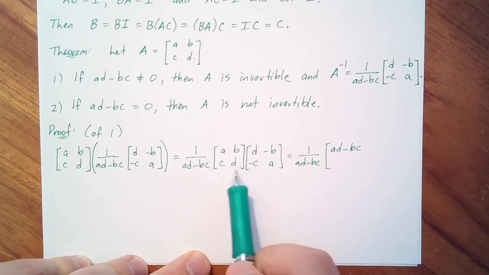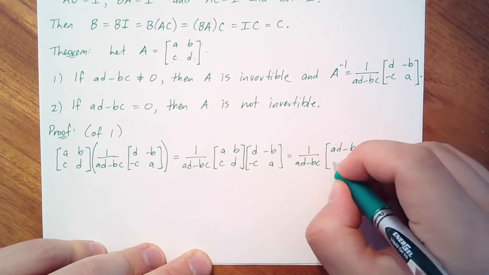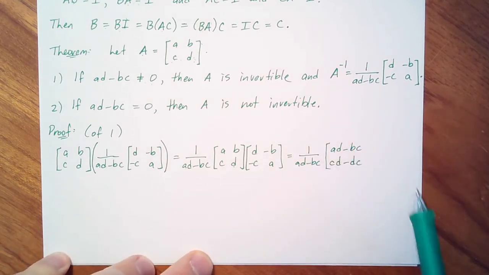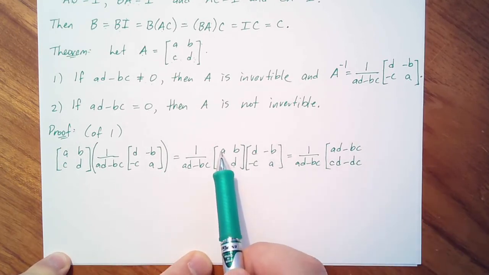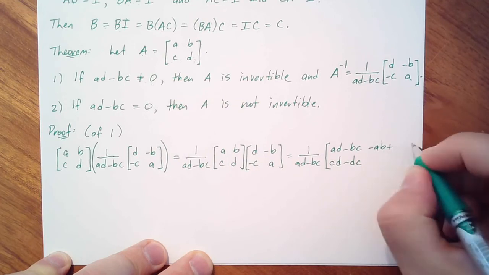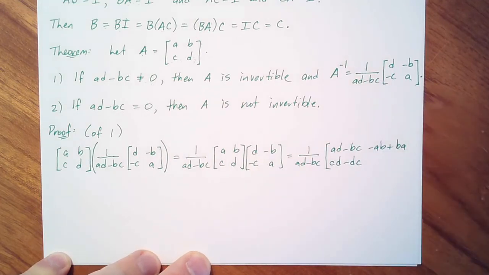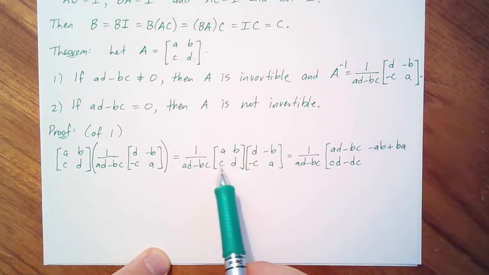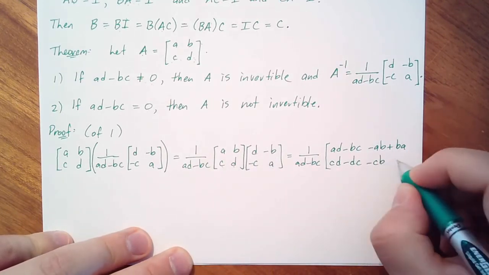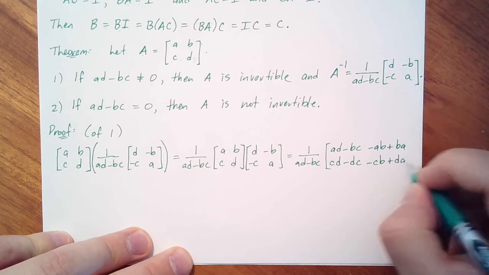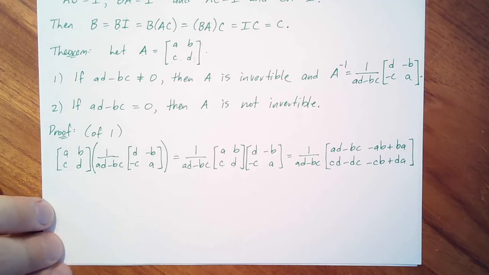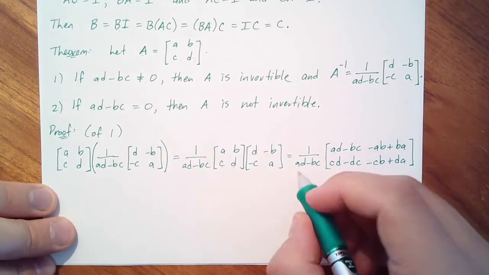C times D and D times negative C, that's CD minus DC. The next entry up here, A times negative B and B times A, so this is negative AB plus BA. And then the entry down here, we have C times negative B and D times A, so negative CB plus DA. Okay, great.